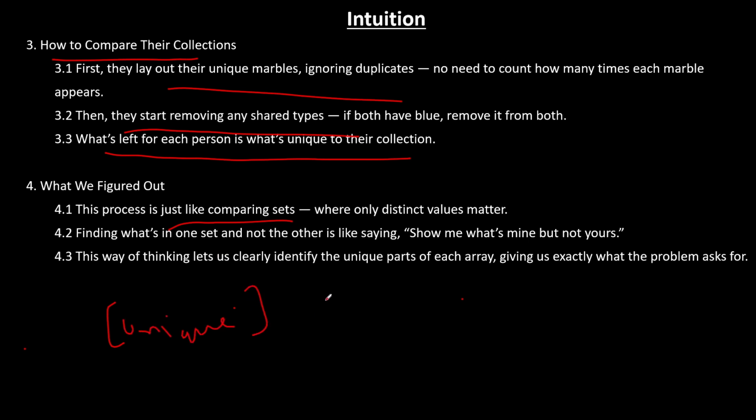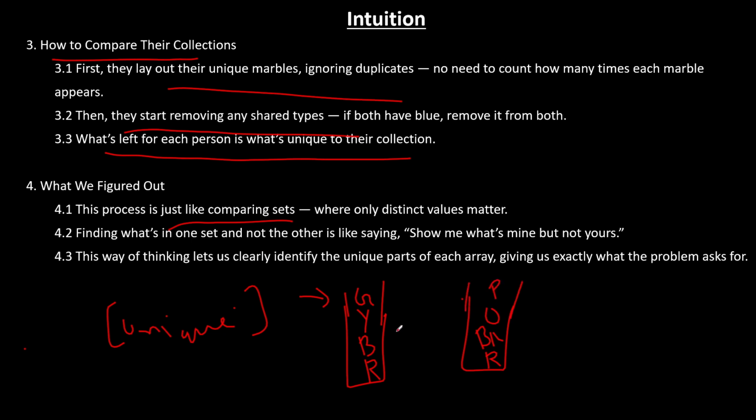Fine. And if Alex throws his marbles into a set, he will only be remaining with one red, I think one blue, then I think yellow, and then green. And since Ria already has unique marbles, I think they were red, brown, orange, and pink. Great. Fine, fine, fine. Now what they have to do?